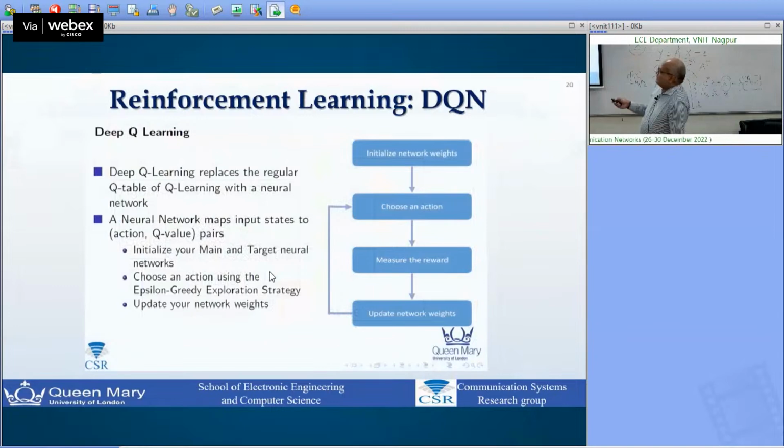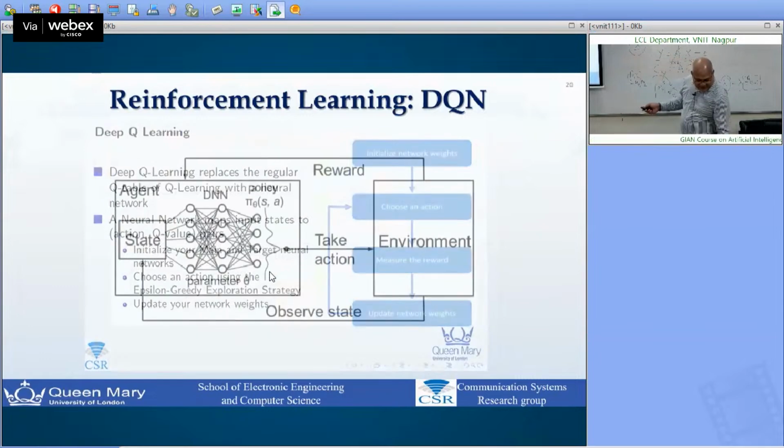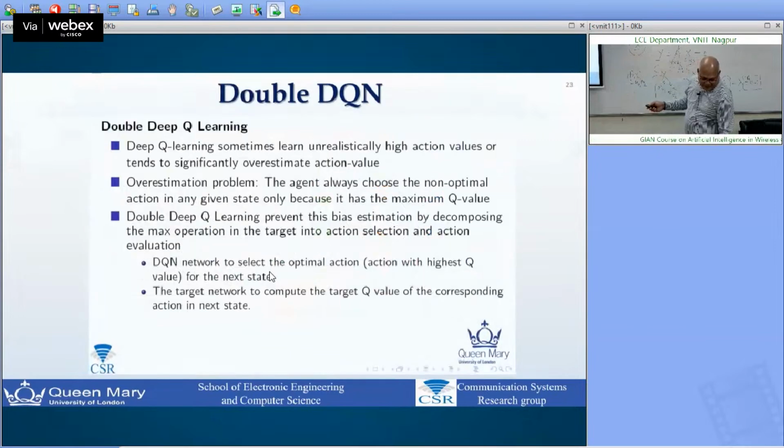Because of that, we are going to replace it with the neural network. If you have the neural network, it is going to map the input state to the action Q value pair. Because of that, we use deep Q learning.